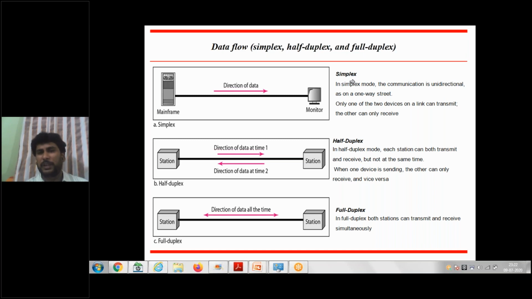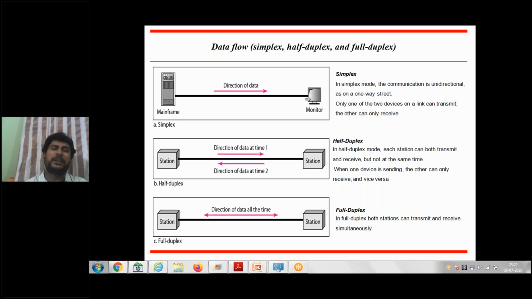So there will be only one sender, and at the same time, there will be only one receiver. There will be no other way of communication. The best example for this is a radio, where the radio station will transmit, and the radio receivers will just receive. And there is no reverse communication.